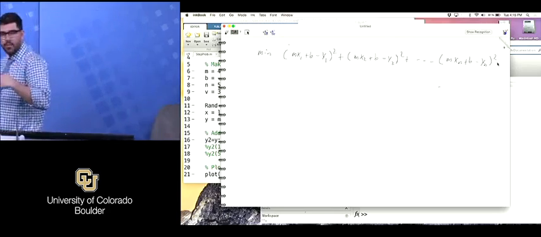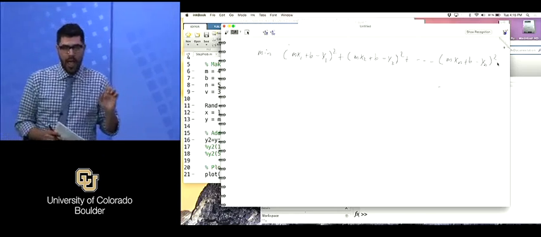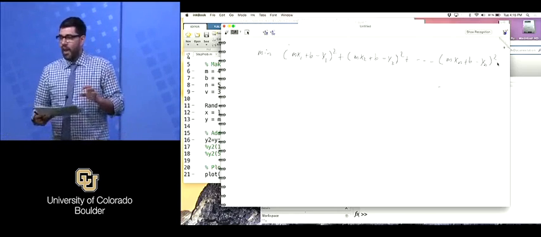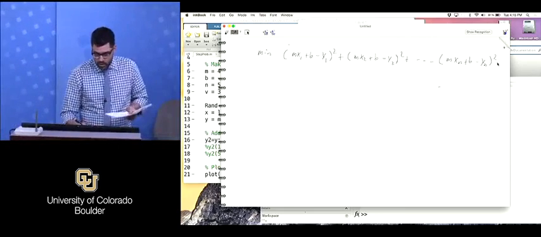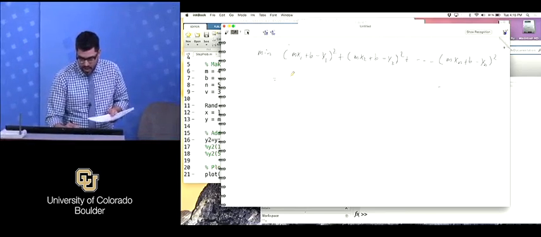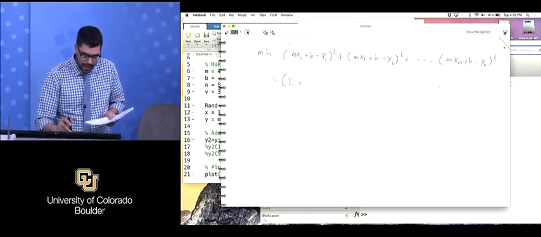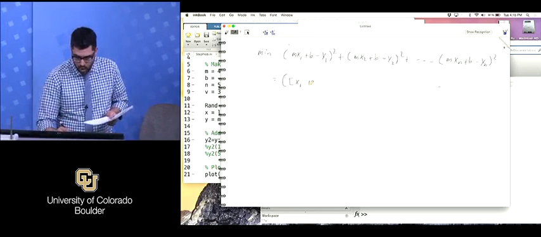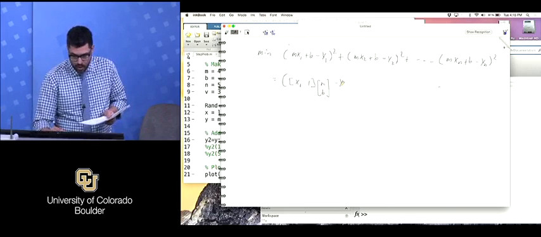Now I'm going to take steps. I'm going to write each element as an inner product of a vector times the variable x. Would you agree that this is the same as saying [x1, 1] times [m, b] minus y1.